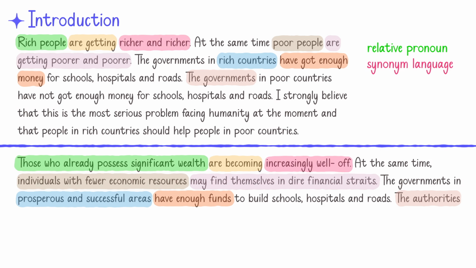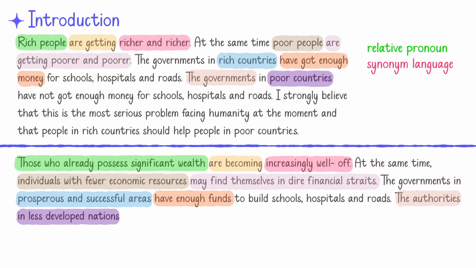In poor countries, instead of in poor countries, we can write in less developed nations. In less developed nations. All right? The governments in poor countries, the authorities in less developed nations have not got enough money for schools, hospitals, and roads.